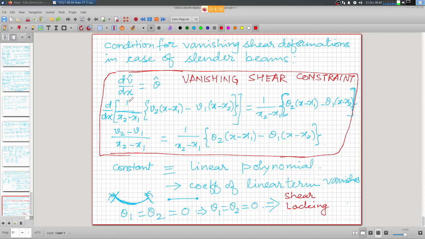But if we think that because it is a generalized formulation, it relaxes the assumption, so it should be able to reproduce the simpler, more restrictive theory, then we run into a wall, in the sense that the vanishing shear strain condition requires that the section rotations should be equal at the two ends.